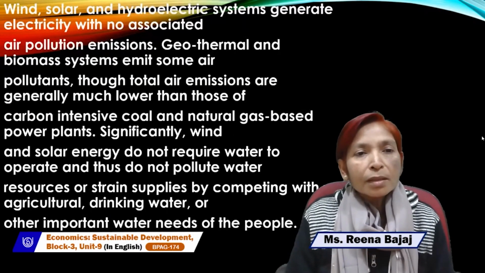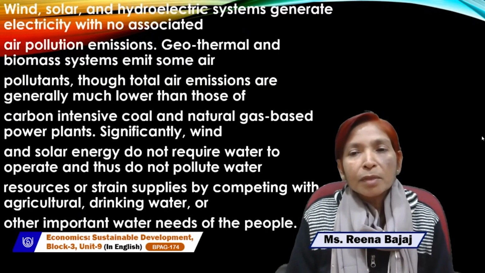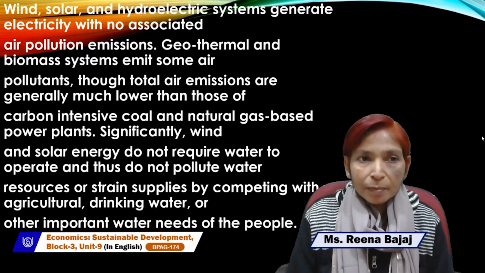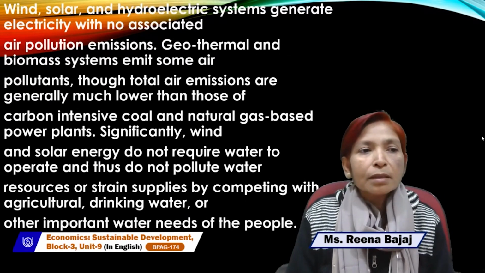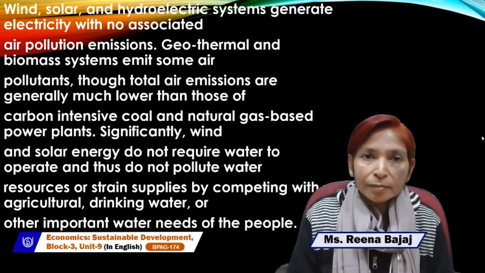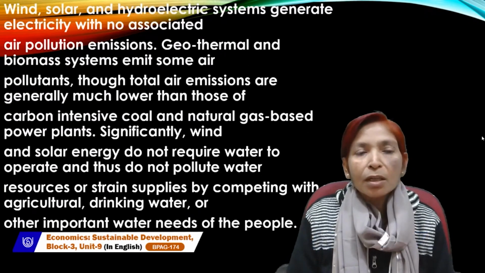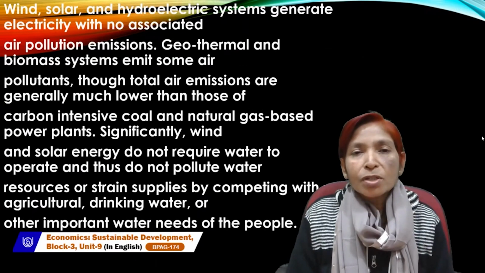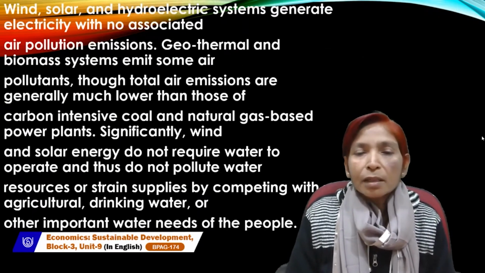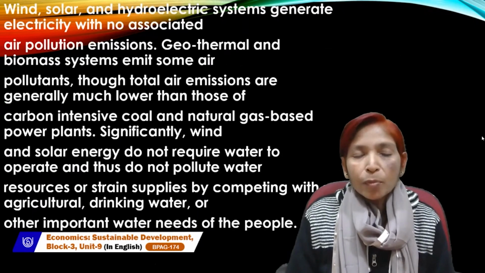Wind, solar, and hydroelectric systems generate electricity with no associated air pollution emission. If we use wind energy, solar energy sources, and hydroelectric systems for generating energy resources, it will create no air pollution.